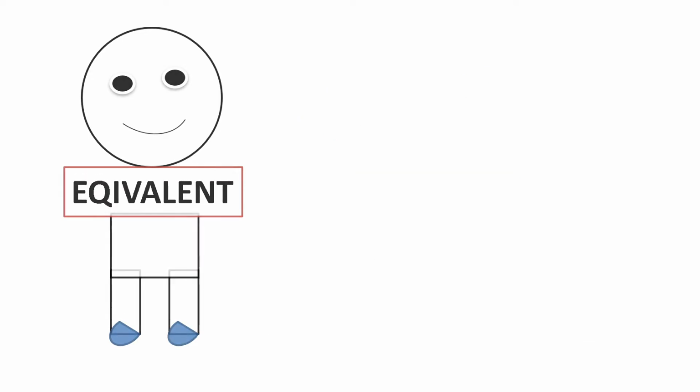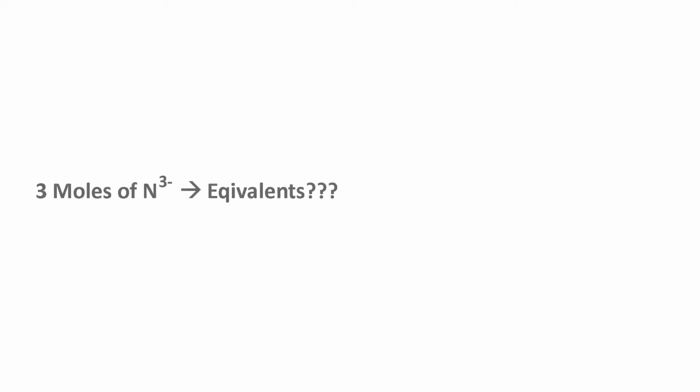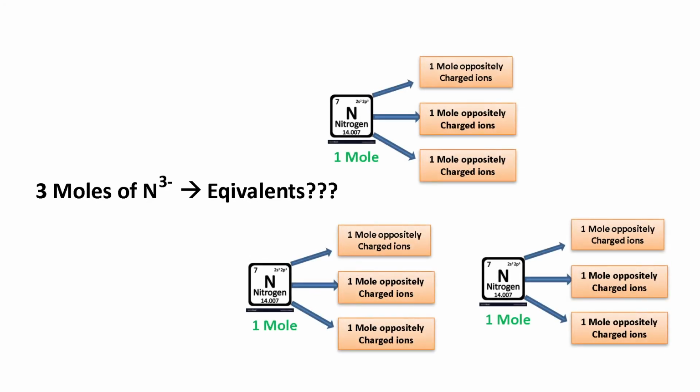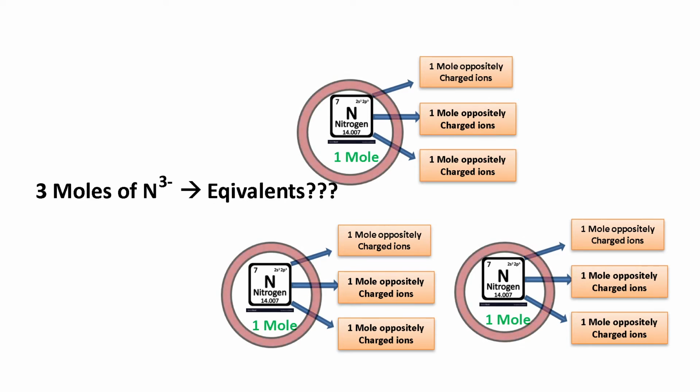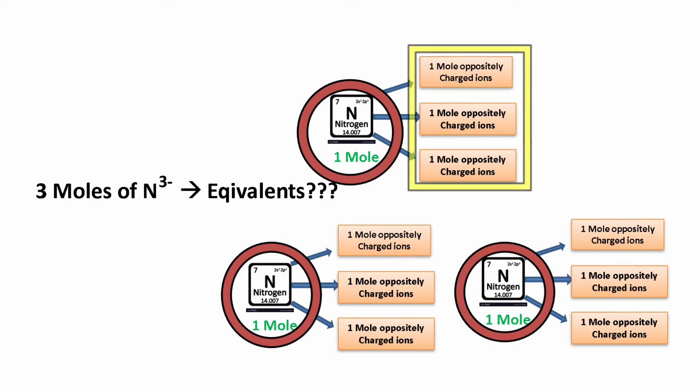Now can you say 3 moles of nitrogen is equal to how many equivalents? It means we have 3 moles of nitrogen ions, but each mole of nitrogen ion will require 3 moles of oppositely charged ions.